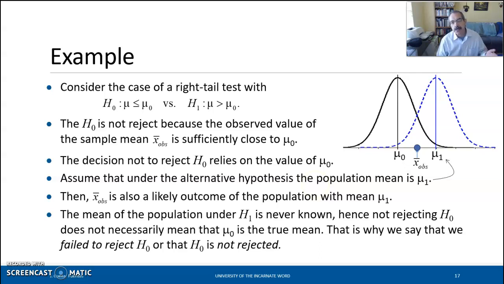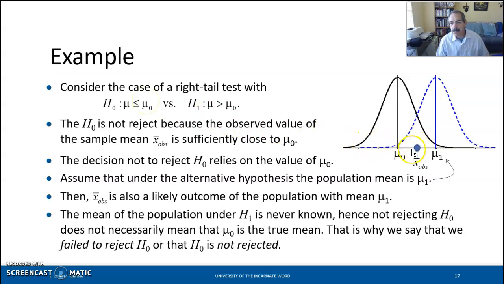So let's consider a right tail test. Let's say that under the null hypothesis, we are given this value of mu sub 0, a known value. Now, if we look at this diagram and see here's the value of the observed statistic, you see that that value is relatively close to the mu sub 0 under the null hypothesis.